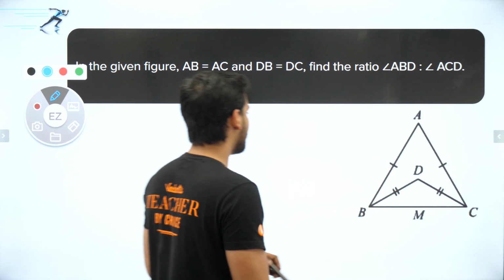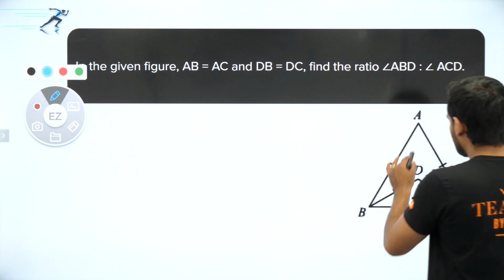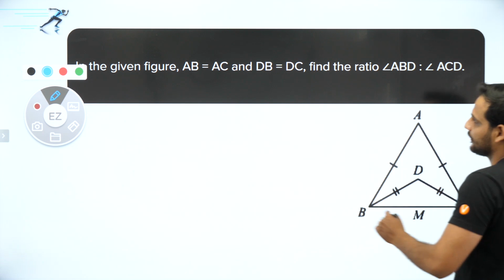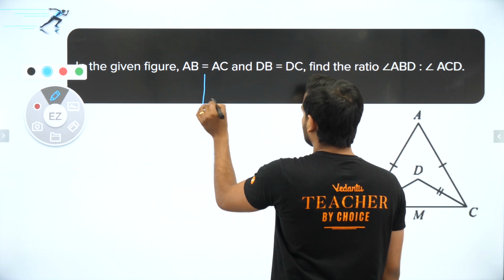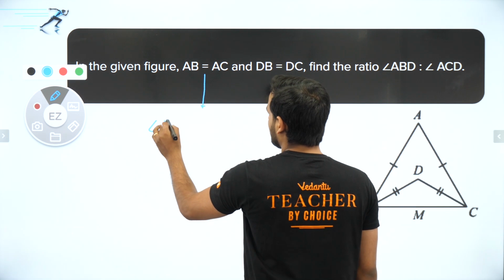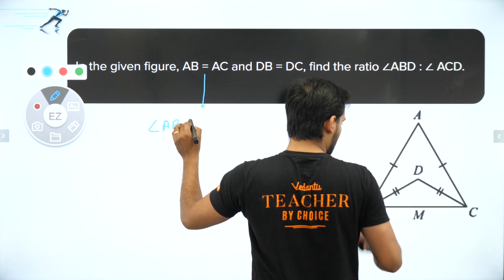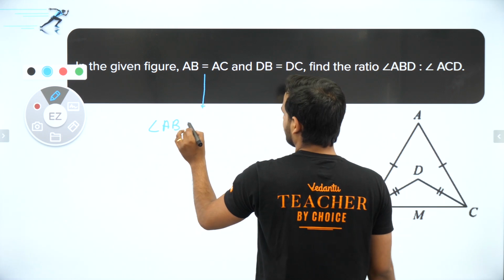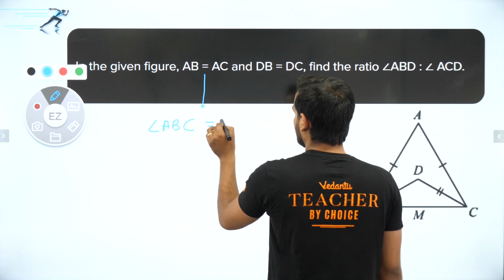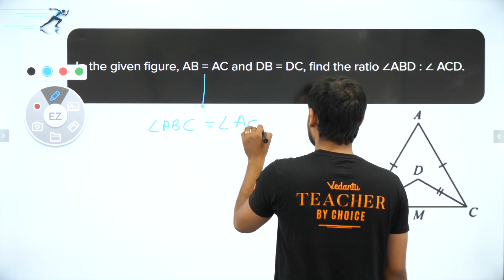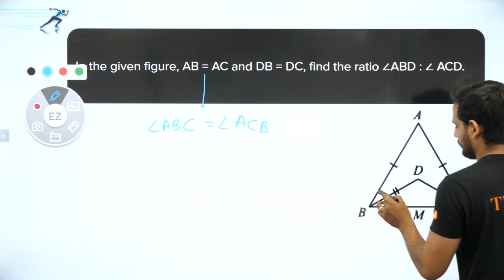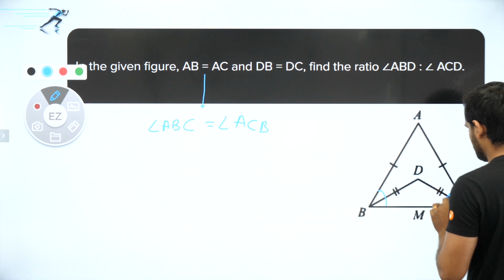Okay, so we have to find the ratio. As they have told, AB is equal to AC. So I can say, if AB is equal to AC, then angle ABC is equal to angle ACB. Right?